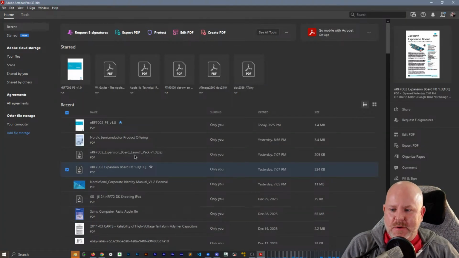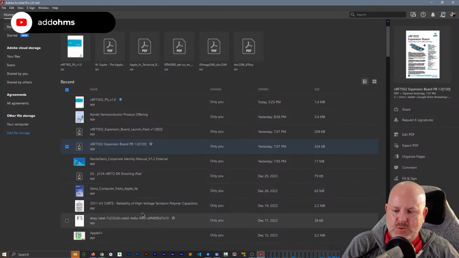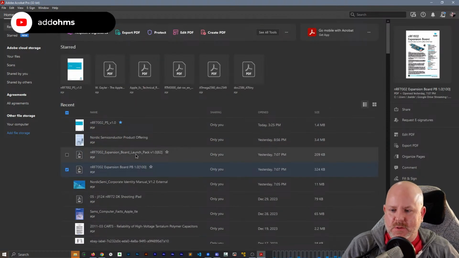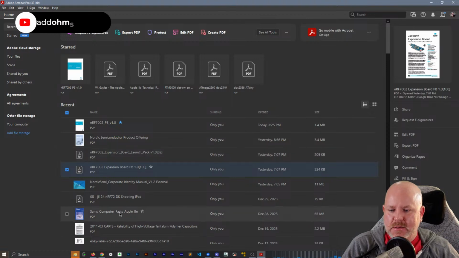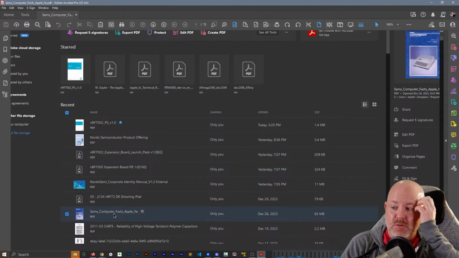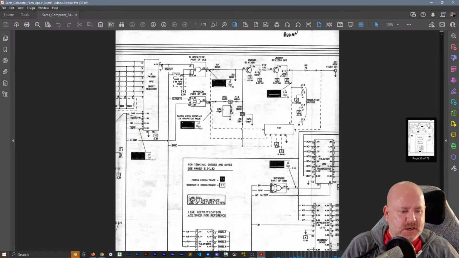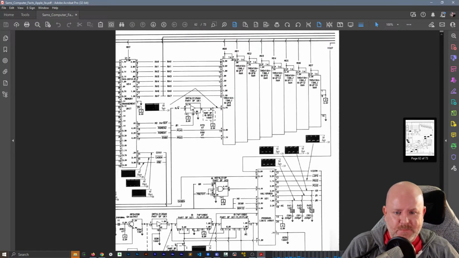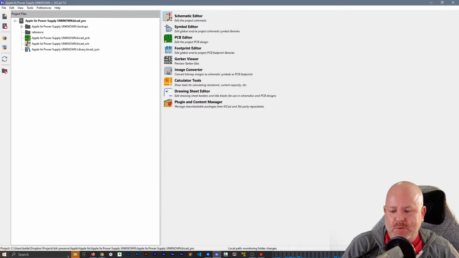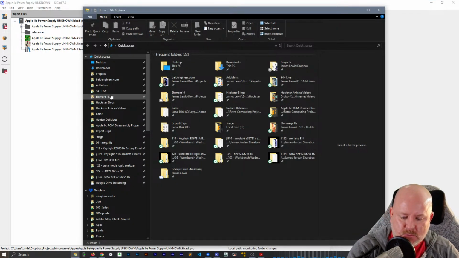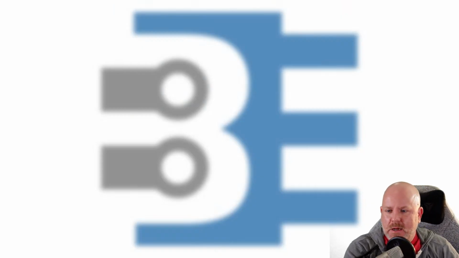All right, next item. What was I using for the schematic? It was Sam's computer fax. Fax. Okay, just the fax, ma'am. Oh, no, that's not what we're doing. I remember now. Let me turn this. Here we go.